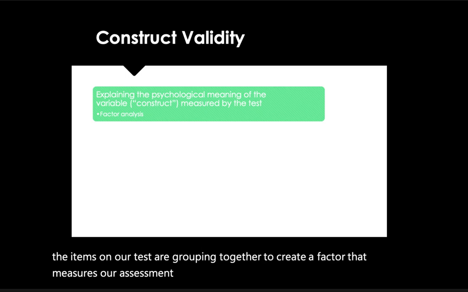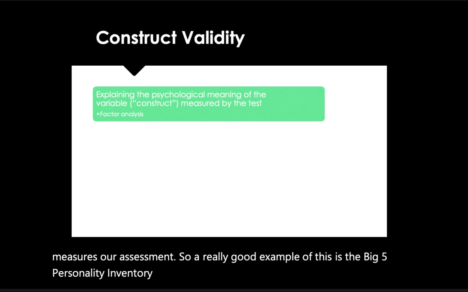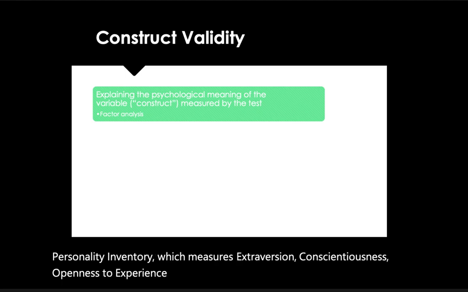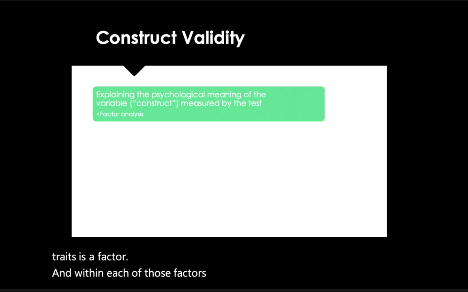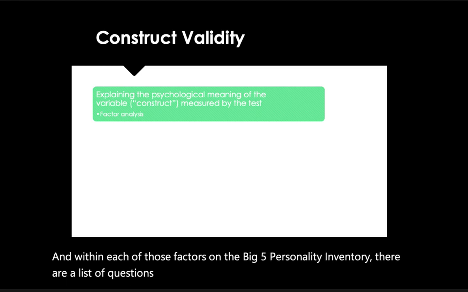A really good example of this is the Big Five personality inventory, which measures extroversion, conscientiousness, openness to experience, agreeableness, and neuroticism. Each of those traits is a factor. And within each of those factors, on the Big Five personality inventory, there is a list of questions that are measuring that factor.